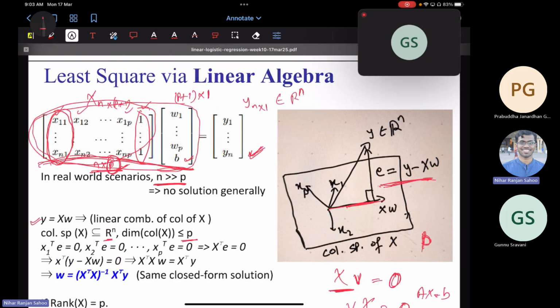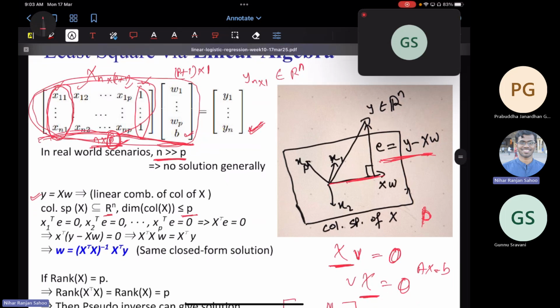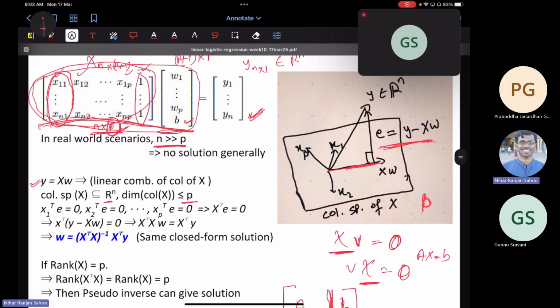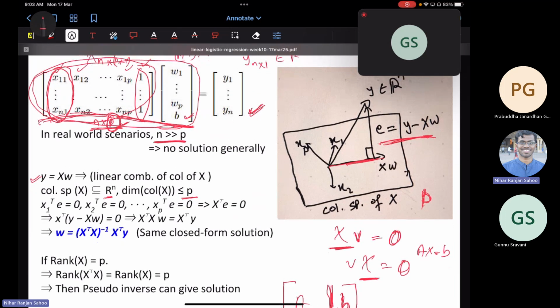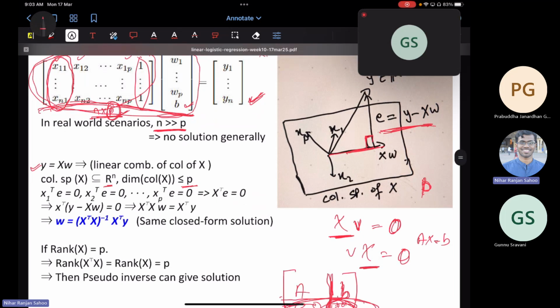That error component is called E here. E is y minus Xw, right? We are projecting y onto the column space of X, right? And this error is always normal to this column space, right? This error vector. So we'll use this concept.